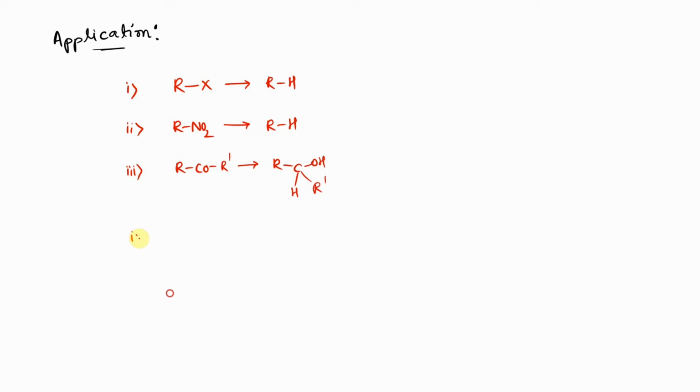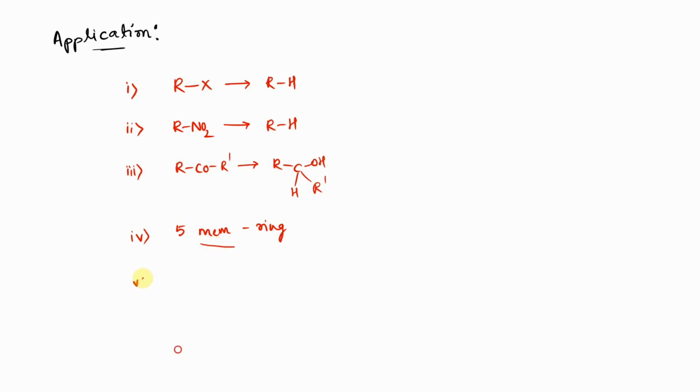And a very important application of tributyl tin hydride is bringing about the formation of a five-membered ring. If the reactant has the conditions required for this particular process, then tributyl tin hydride can bring about a five-membered ring formation.